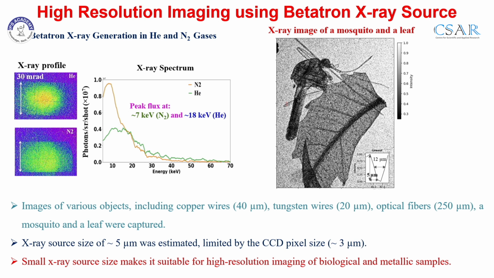This is the work which we have done in our lab, and this is the image you can see. This is not possible in absorption imaging with a mosquito, which is a very thin absorber. These are the antennas, sitting on the leaf, which is recorded, and we have also done some physical objects.